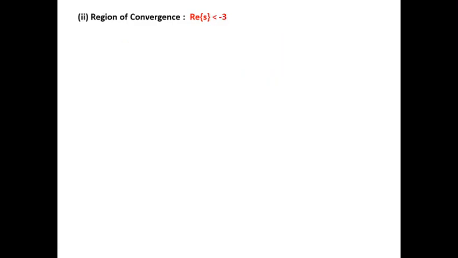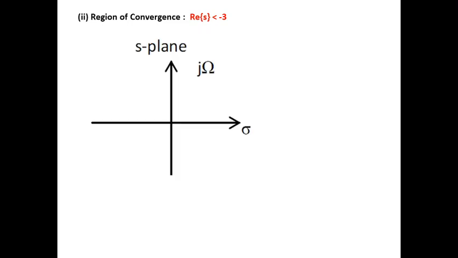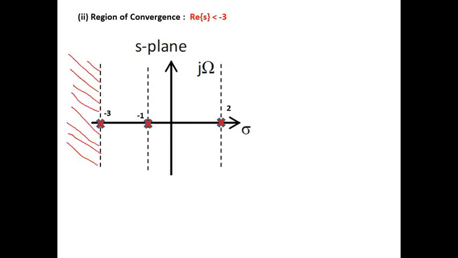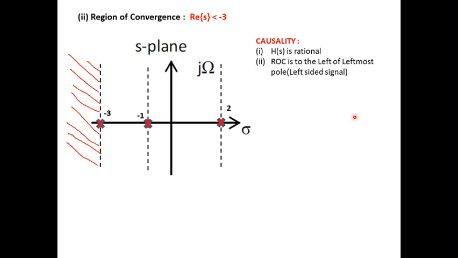Second, the region of convergence, real part of s lesser than minus 3. It means that we have taken a left-sided signal. So, we plot the poles and analyze for causality. h of s is rational as usual. You can see that if it is lesser than minus 3, ROC is to the left of the leftmost pole.